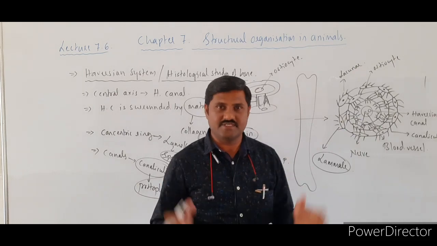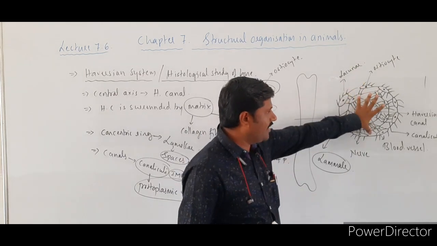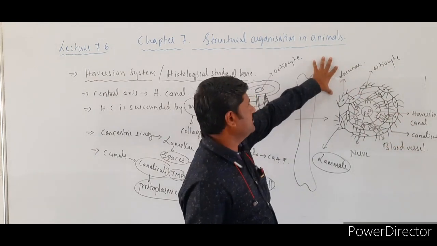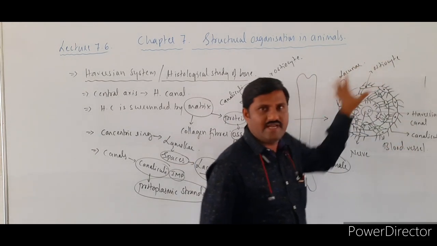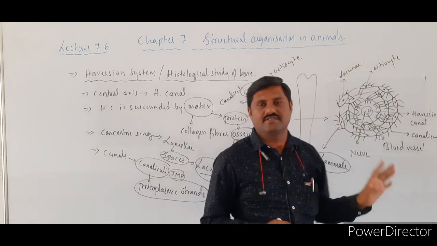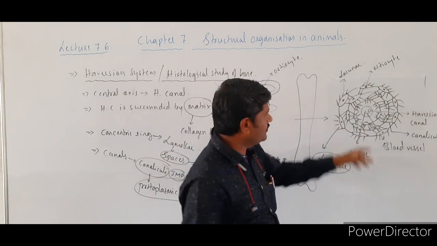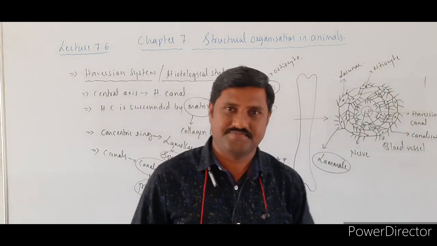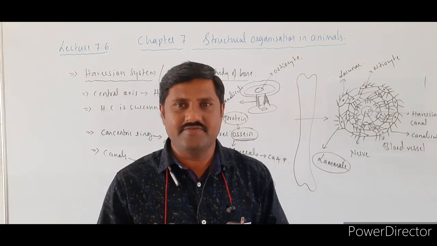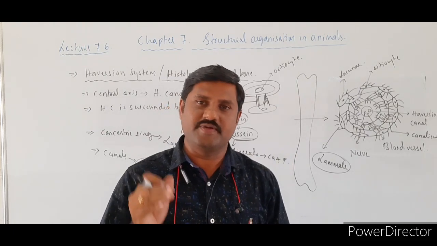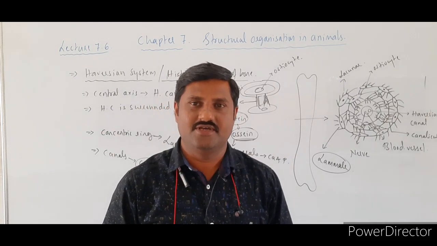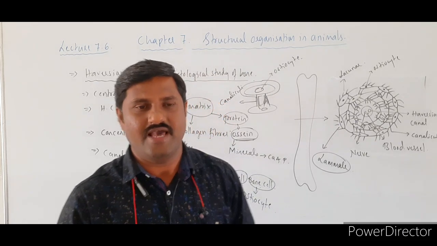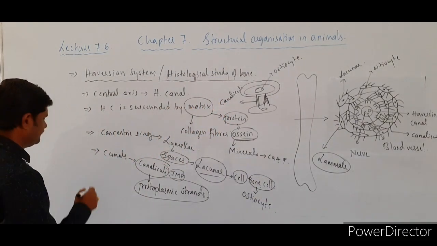Haversian canals are present over here. See here, this is one Haversian canal, and here one more is there, here one more is there, here one more is there. So like this many Haversian canals that you come across, and those canals are directly linked with each other. They are interconnected with specialized connections called Volkmann's canals. What are they known as? Volkmann's canals.